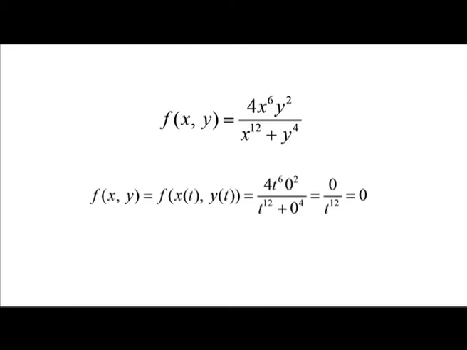Substituting the parametric equations x = t and y = 0 into the formula f(x, y) = 4x^6 y^2 / (x^12 + y^4), we get the following function of one variable t. f(x, y) = f(x(t), y(t)) = 4t^6 · 0^2 / (t^12 + 0^4) = 0 / t^12 = 0.